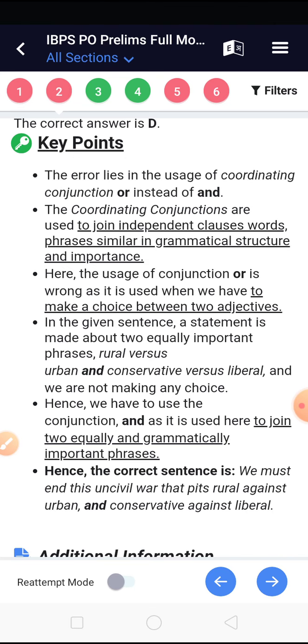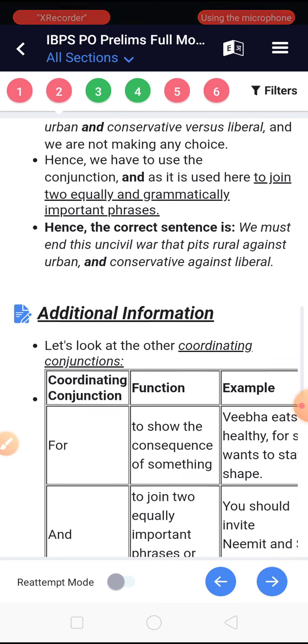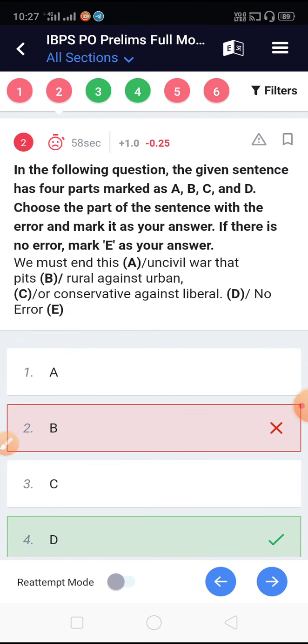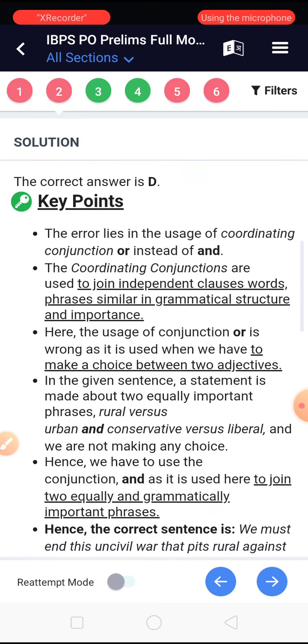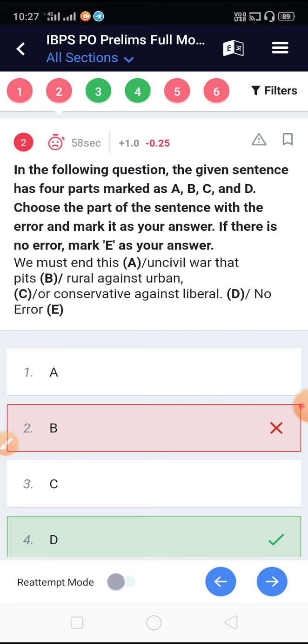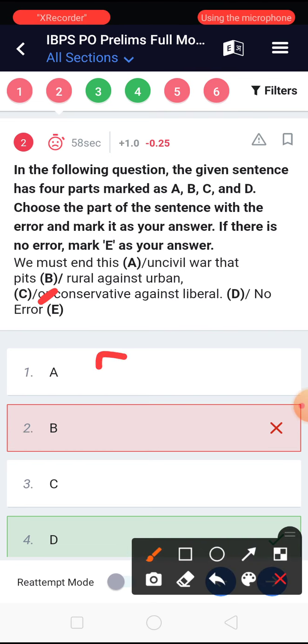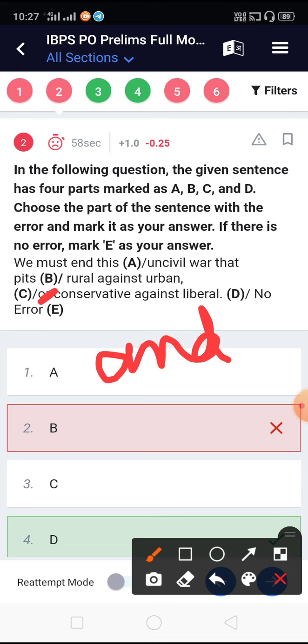The correct sentence: we must end this uncivil war that pits rural against urban and conservative against liberal. और की जगह एंड का प्रयोग होगा. No error.